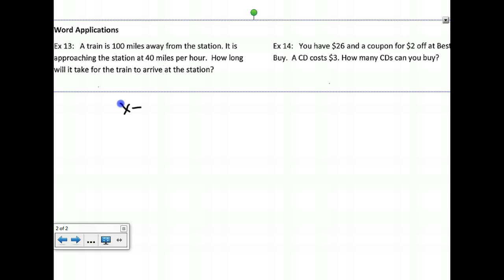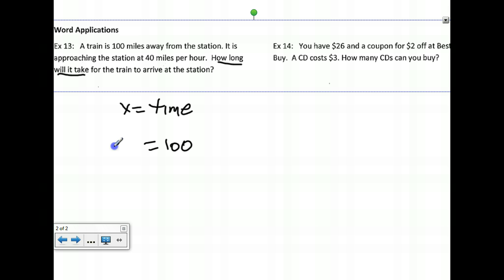So, x, or our variable, is time, because we want to know how long it will take. So that's what we want to know. So this is what we're asking. How long? Time, in some manner of time, probably hours. The train is 100 miles away. Okay? It's 100 miles away, and it's approaching the station at 40 miles per hour.